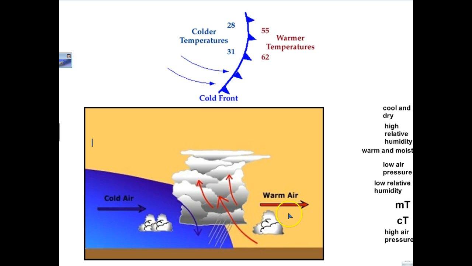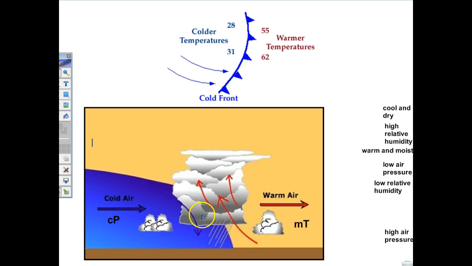Before we get into that, let's label our areas here. We know we have warm air. Now typically for New York, when we reference the warm air, we're looking at a maritime tropical air mass. This is warm, moist air. Behind the cold front, we have cool, dry air. I have the wrong symbol there. Let me fix that. Okay, here we have cool, dry air behind the cold front.